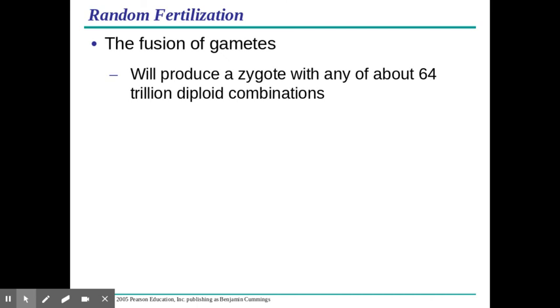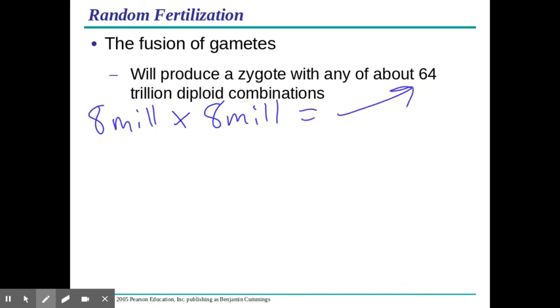How do we get that? It's 8 million times 8 million. Because remember, we have an egg that has 8 million different possibilities, and a sperm that has 8 million different possibilities, which equals about 64 trillion different combinations.